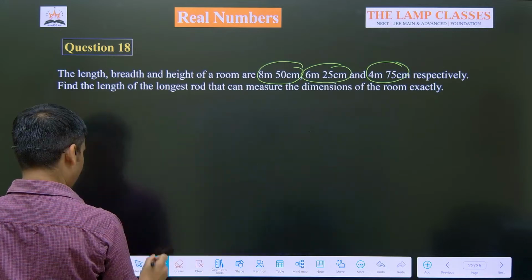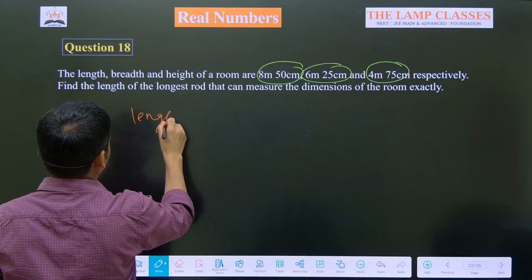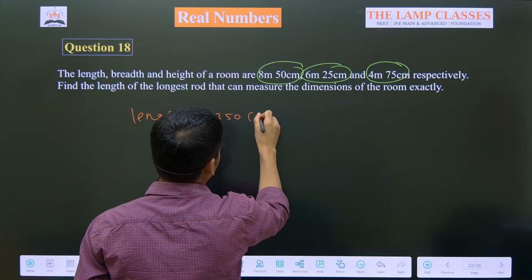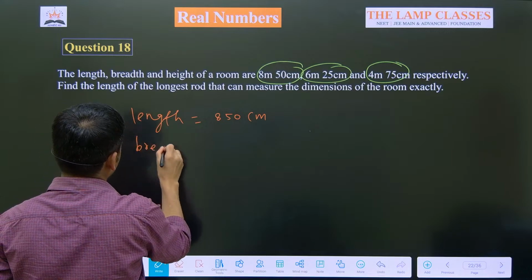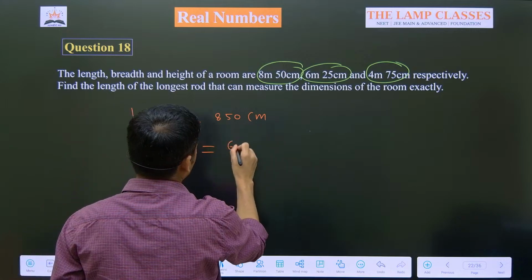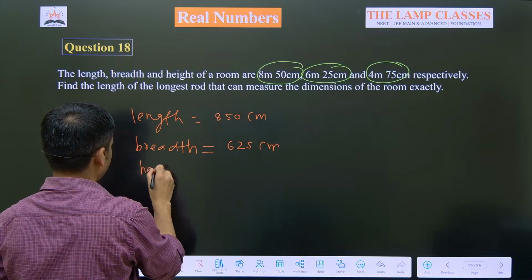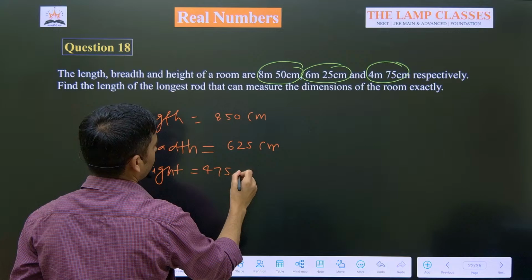So the length of the room can be written as 850 centimeter, right? If we convert that into centimeter, the breadth will be 625 centimeter and the height has to be 475 centimeter.